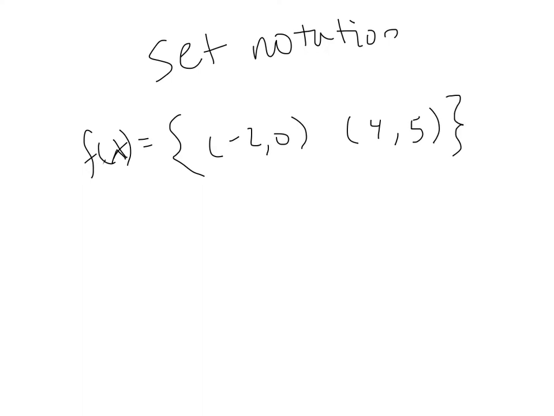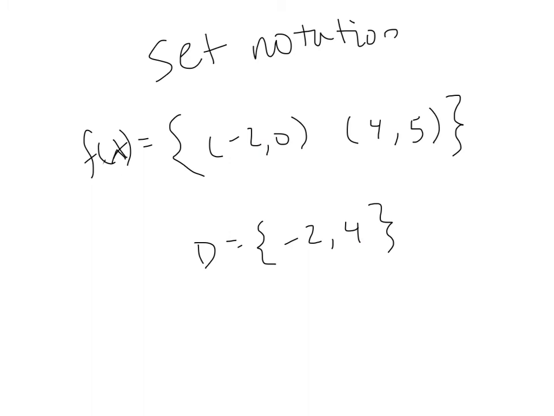If that's my function, then what can x be? Negative 2 and 4. See, so what I did here with my set notation is I just listed everything that x could be. Really easy, really obvious. Domain equals negative 2 and 4, because x can be negative 2 or it can be 4.